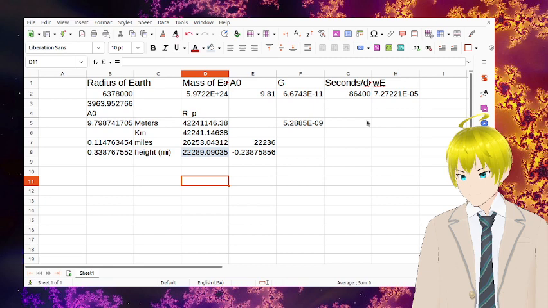Let's label it. I want a whole list of materials. So these will be my materials. This will be the constant GM R naught. I'll put it over here. Constant GM R naught.